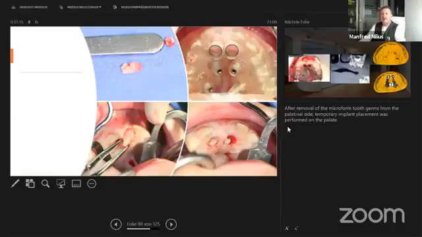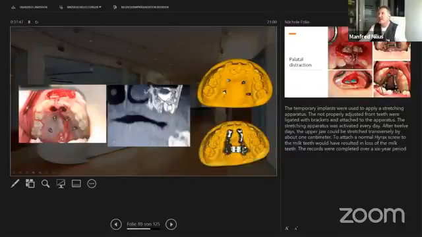And this is what we did. We used the template, and normally when we insert the implants, we made a guided biopsy. So after removal of the microform tooth from the palatal side, a minimally invasive temporary implant placement was performed through the palate, and we used these anchor pins for preparation of the hole for the very small orthodontic implants, as you can see here.